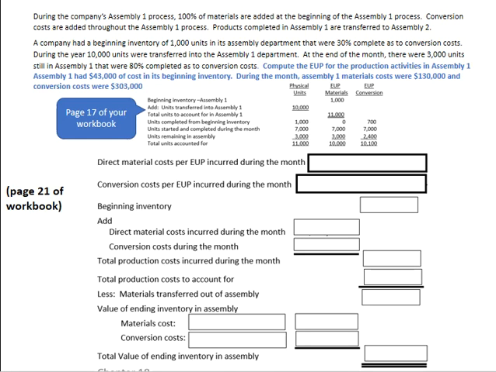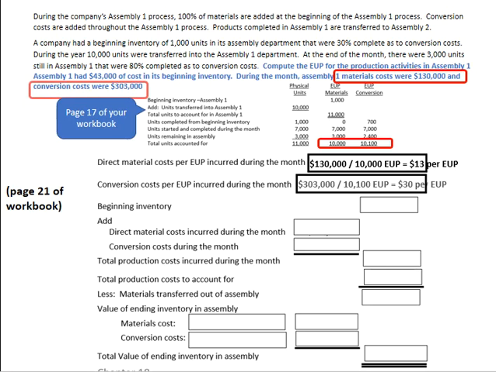We start out with direct material cost per EUP during the month. So we need to calculate what that is. Material costs were $130,000. So we take our direct material cost of $130,000 and divide it by the total amount of effort for the month, 10,000 EUP for materials, and that comes out to $13 per equivalent unit of production.